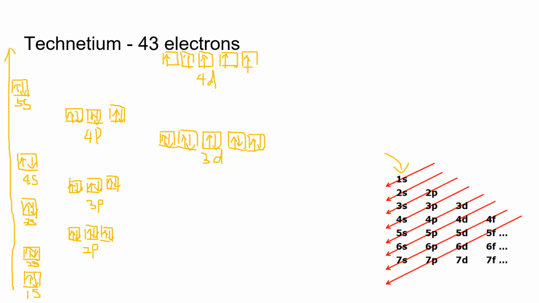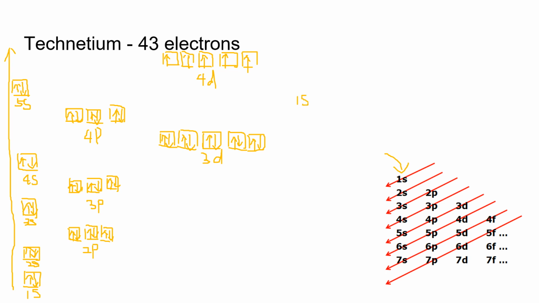So next step, based on the energy level diagram we just drew, we can write the electron configuration. So we start with 1s.